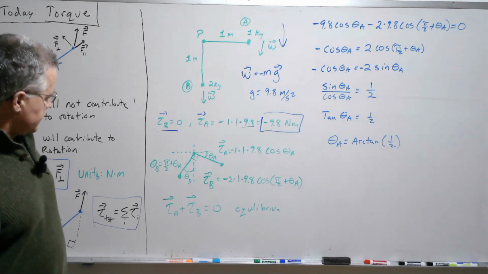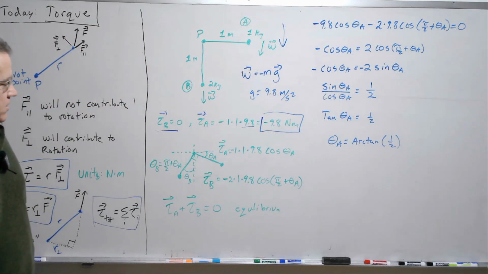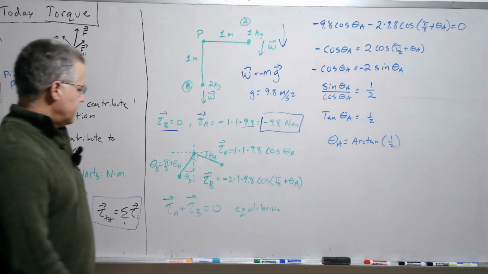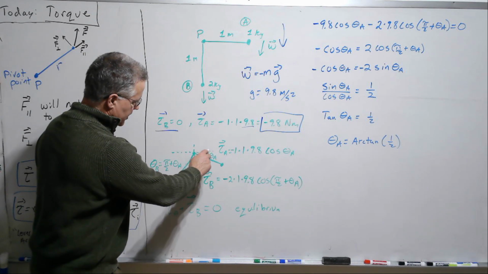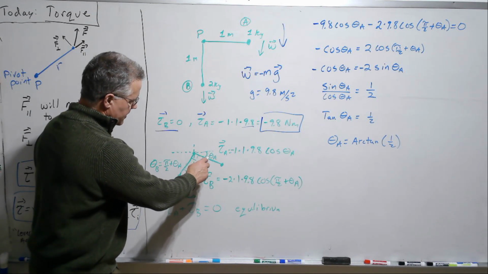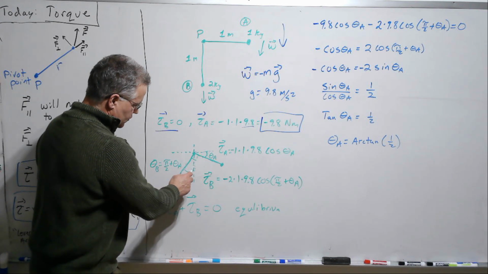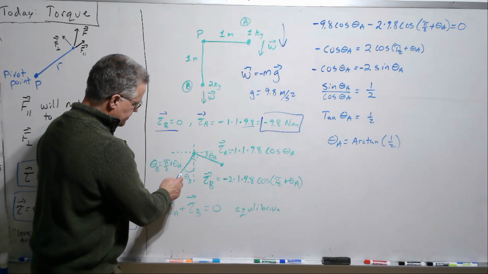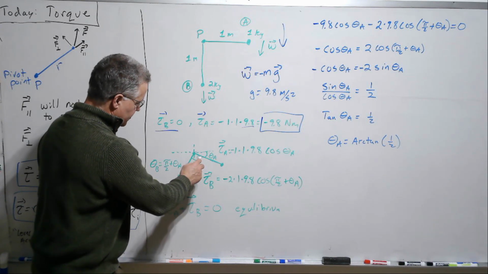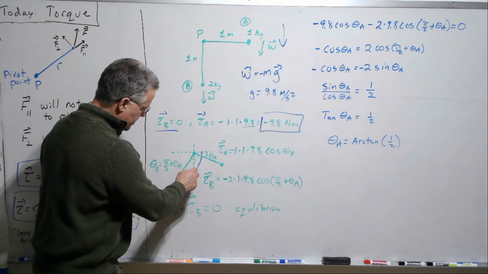All right, well, let's let this thing be at any arbitrary angle, and if we measure that angle relative to the horizontal here, we'll call that angle theta A. Then this would be angle theta B, and we'll measure that from here to here.